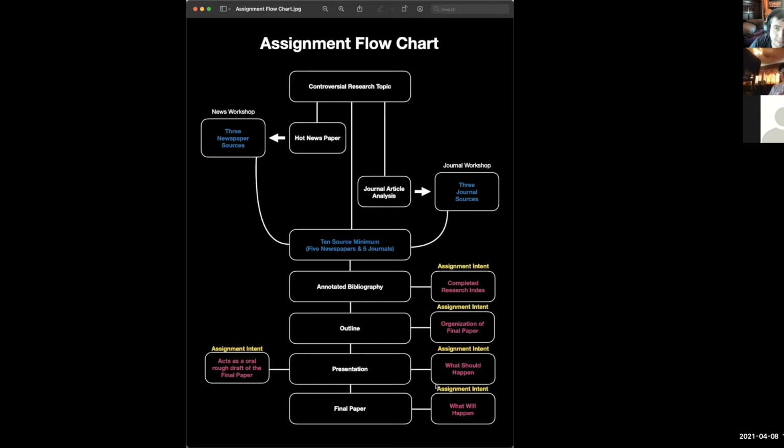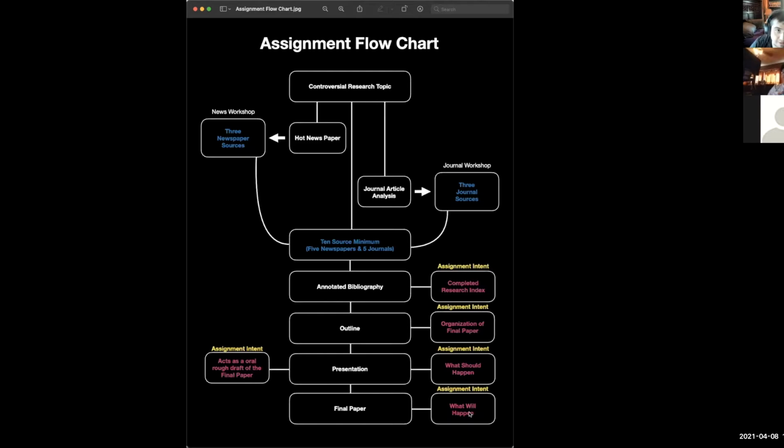Take DACA, for example. Maybe you think the argument should be that DACA should be completely reinstated and there should be a pathway to citizenship, full stop. That's what you think should happen. In the final, your analysis will look towards what will happen. In reality, looking at all of the evidence, what is the most likely thing to happen?